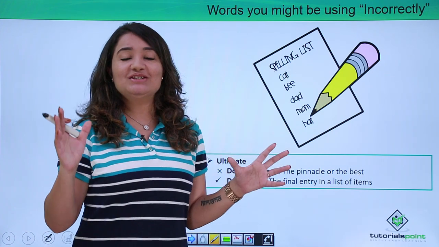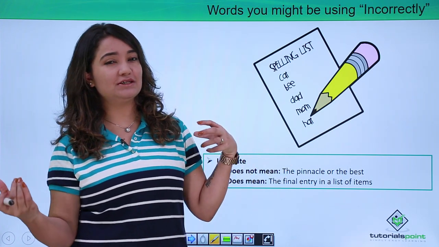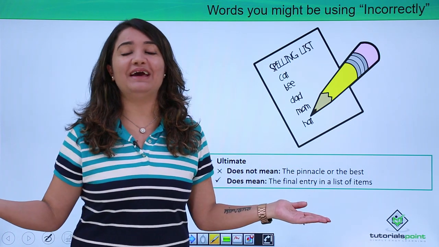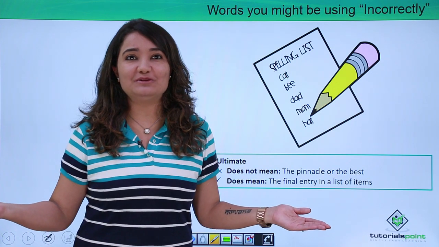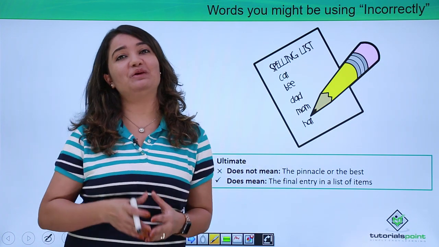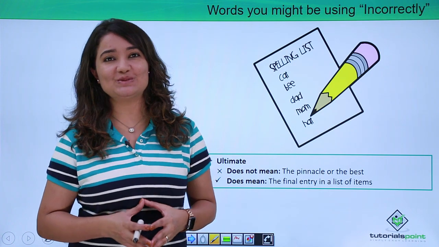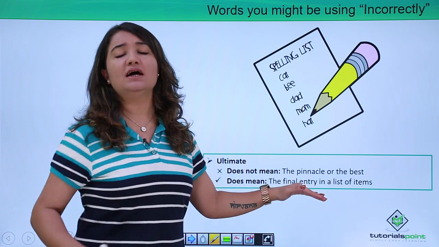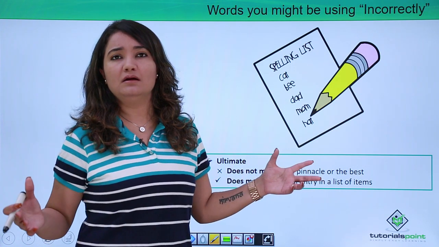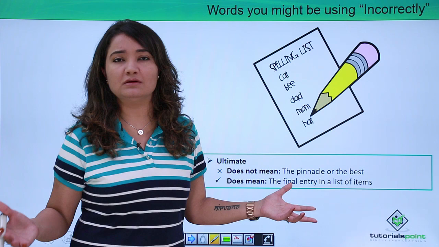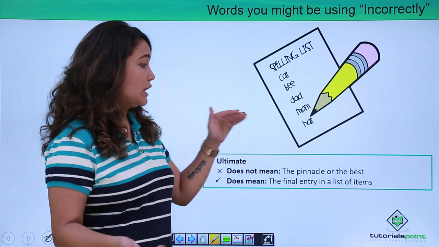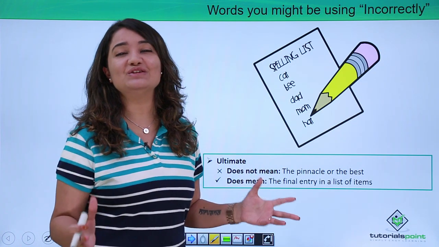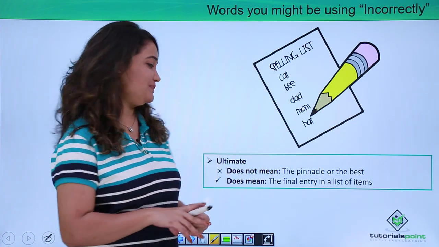So if you had an ultimate party or spent an ultimate time, there are chances that you might not party again, or might not spend time with the person the next time. So you might want to be very careful before using this word, because ultimate actually means the final entry, right? So he is the ultimate candidate in today's list of people who are giving the interview. So be careful where to use this word, because it could mean something completely different to what you assume it to be.